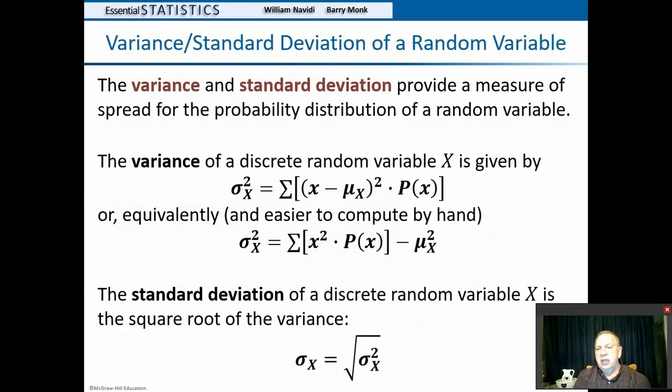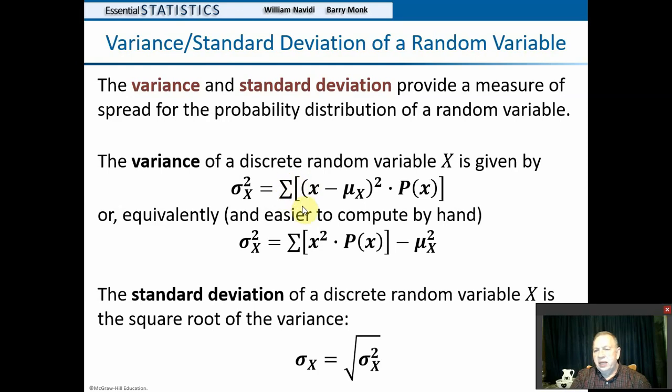So we've also seen how not only the mean are we interested in, we're also interested in the standard deviation. So the variance, that's basically our starting point for getting our standard deviation.